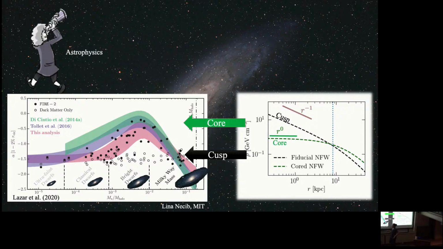And on the y-axis we have something like this inner profile slope, but it's a bit of a proxy because it's a little bit weirdly defined, but we don't have to worry about it. The most important thing is that a core is very close to 0 and a cusp is more like 1.5. This is because you're defining it at a slightly outer radius.